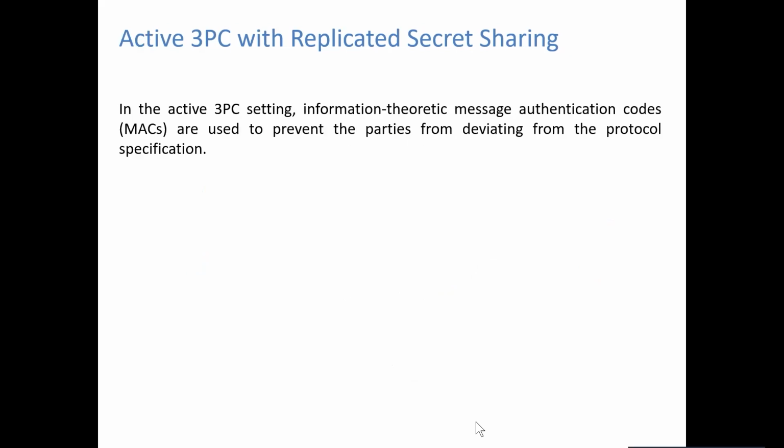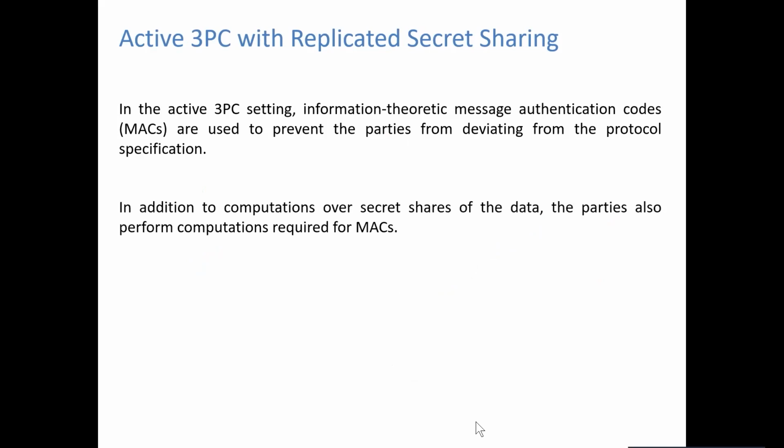Okay, so if you want a protocol secure against malicious adversaries, then normally with the previous technique, you add some message authentication codes so that no party can deviate from the protocol specification. So on top of doing the computations on the secret shares themselves, you need to do some computations on the MACs, but that's fine.